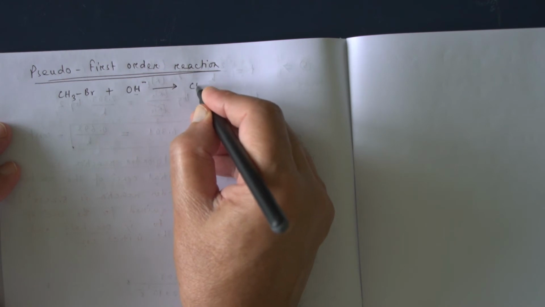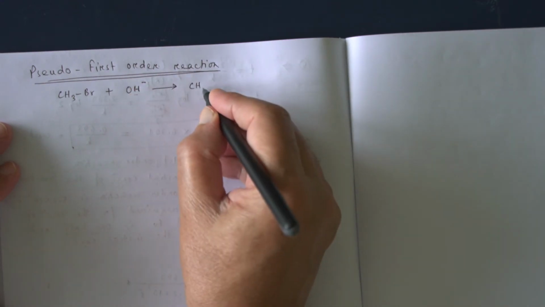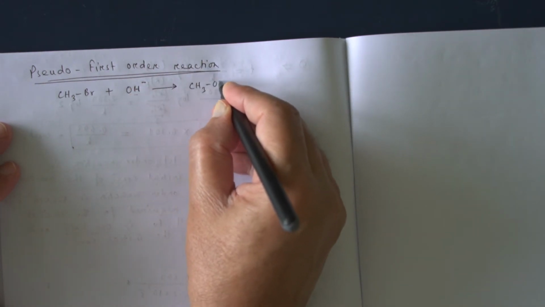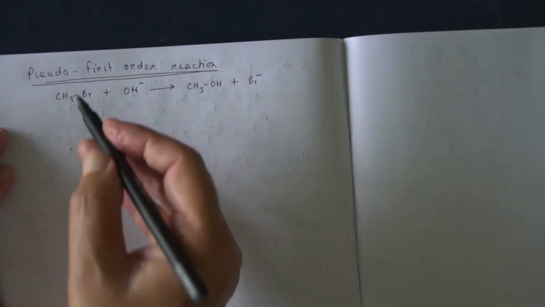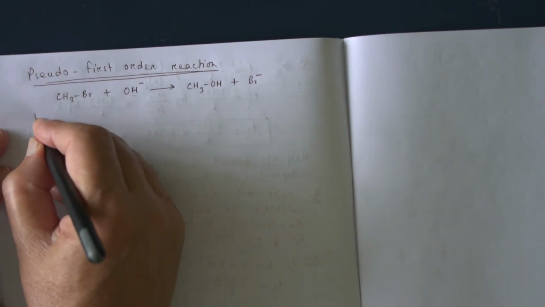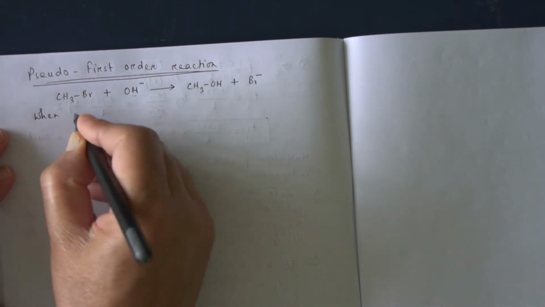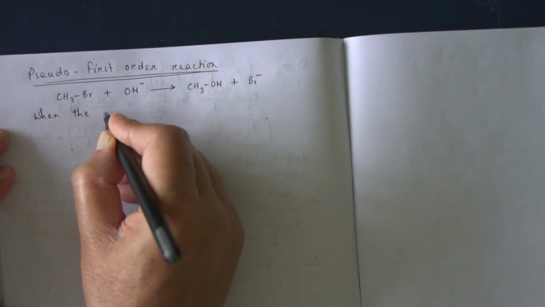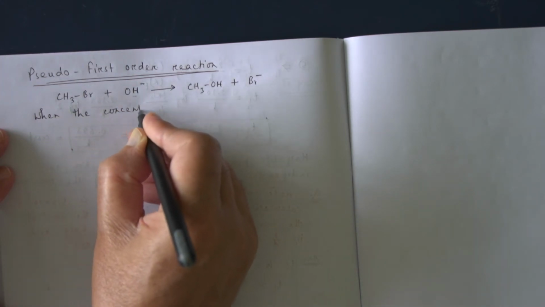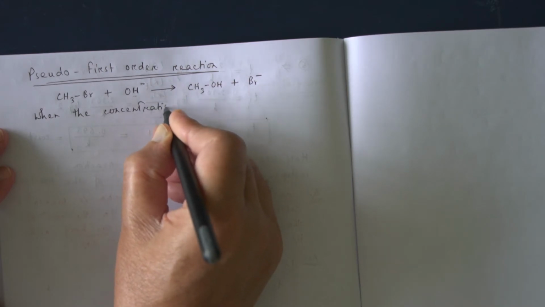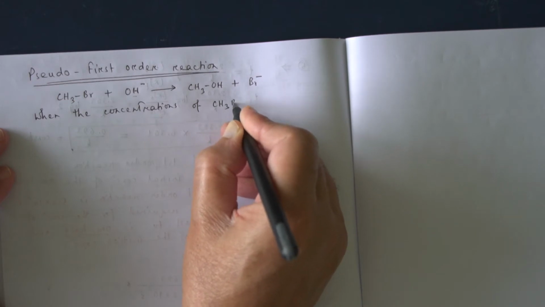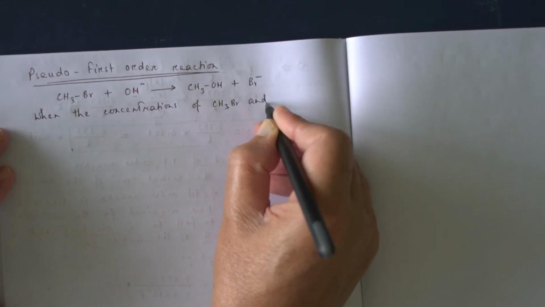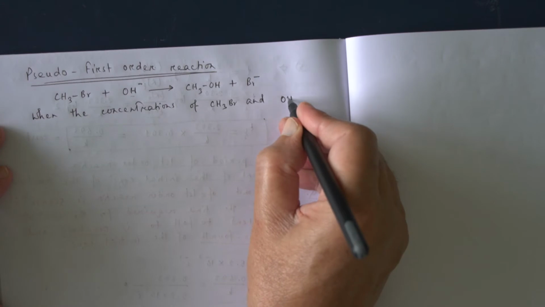So what do we get? From alkyl halide we get alcohol. Now when the concentrations of CH3Br and OH minus.